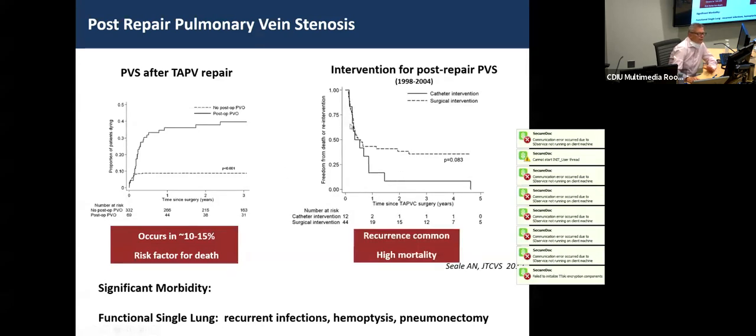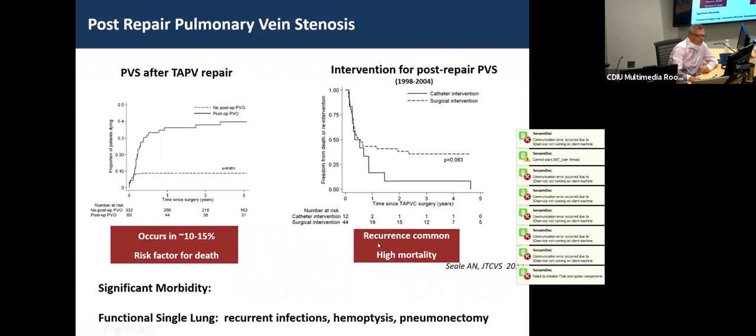So this shows that when a patient develops post-repair pulmonary vein stenosis, there is the opportunity to intervene either surgically or with a catheter. And this shows the rate of death or re-intervention by surgery or catheter.